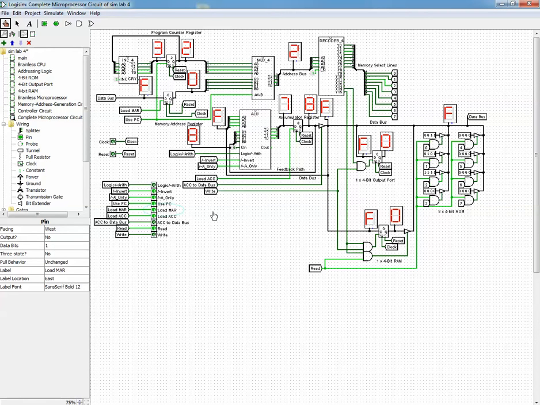And at the same time I need to tick the clock in order to move the F from the input to the output. But before I tick the clock, I need to make sure that this 8 won't be lost.